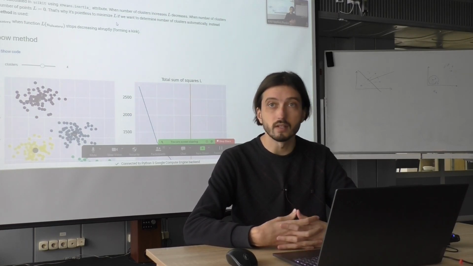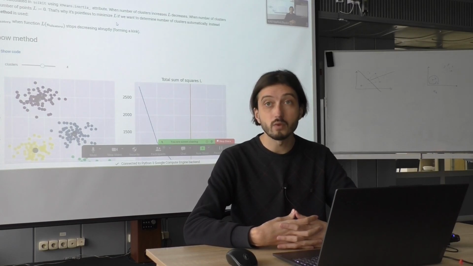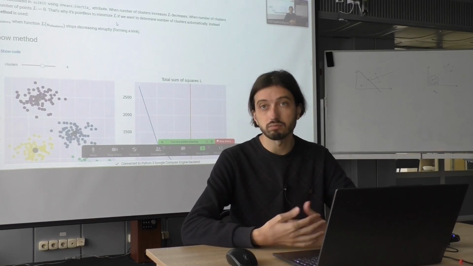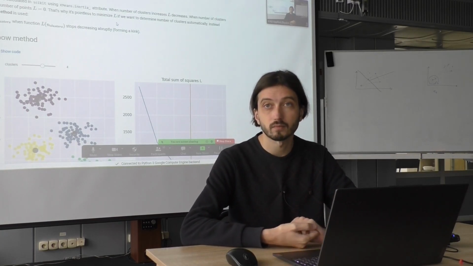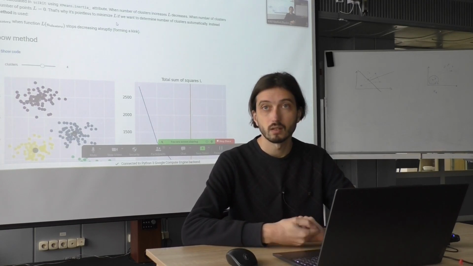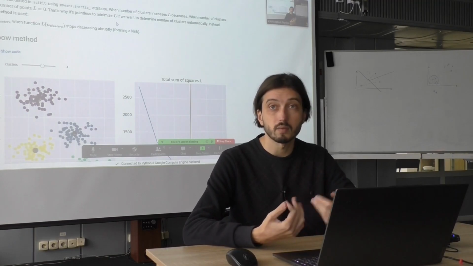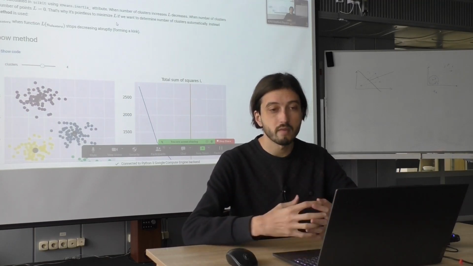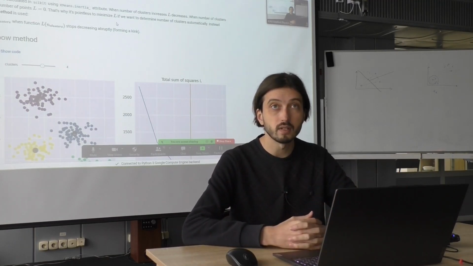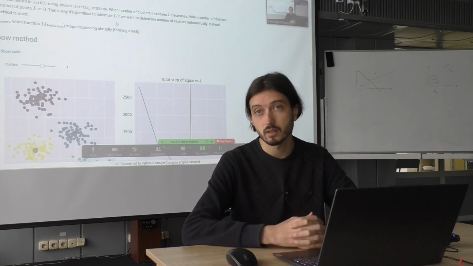Yes, it decreases. How can we see that intuitively? We have some data set, we have some data points scattered all over the place, and I'm choosing a different number of clusters.